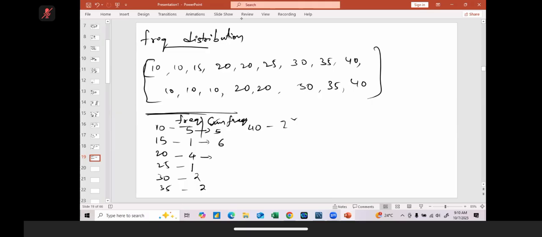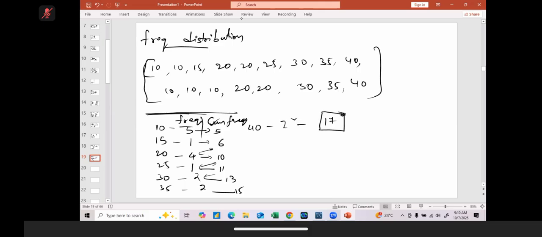Next for this 4, it will be 4 plus 6, 10. For 25, 10 plus 1, 11. For 30, 13. For 35, 15. For 40, 15 plus 2, 17, right?